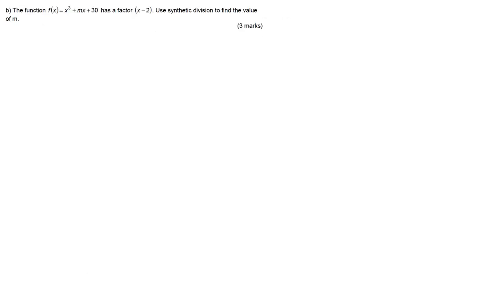Next question. Okay, this one is for synthetic division. Okay, synthetic division is one method to solve cubic equation. Cubic equation, the highest power of x is x power 3.